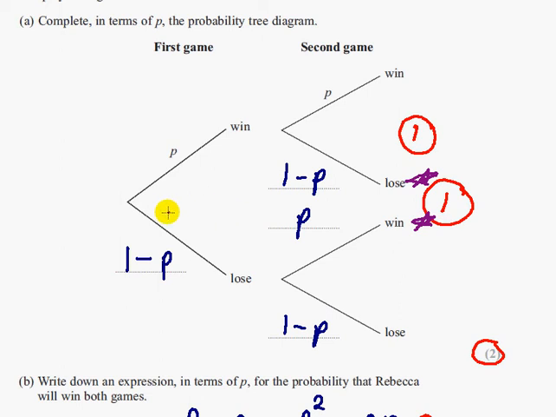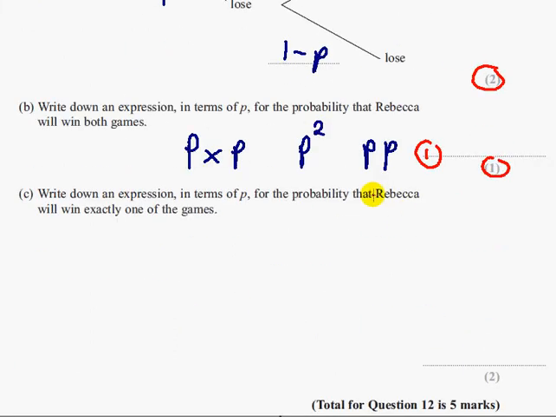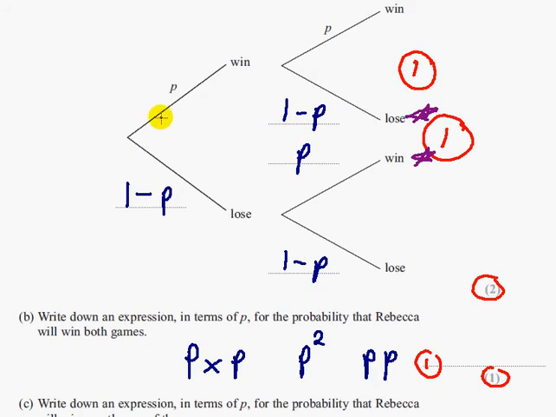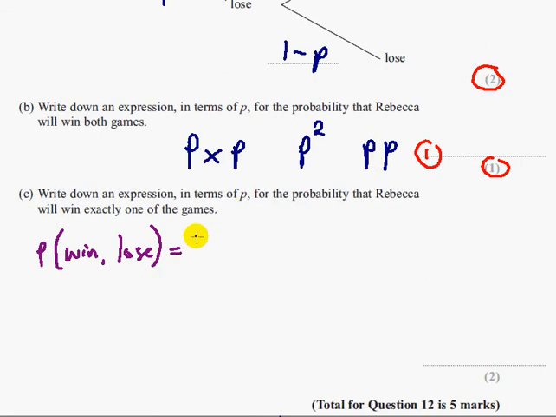Okay, so the probability of win-lose, first of all, let's write that down. The probability of win-lose is P times by 1 minus P. So that's P times by 1 minus P. Now don't forget those brackets.